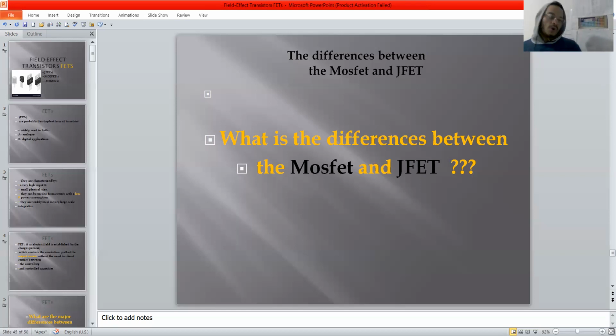That means we will increase the drain source voltage, and at the same time we will make the gate source voltage equal 0, by connecting the gate directly to the source. That will make VGS equal 0, and we will increase the drain source voltage.